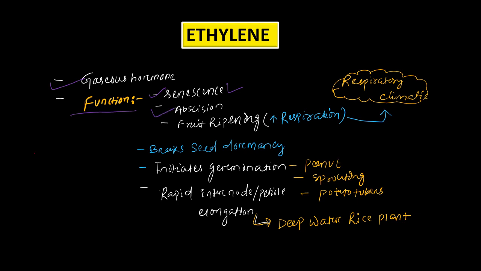So what is abscission? Abscission means the natural detachment of parts of a plant, typically dead leaves and ripe fruits. This natural detachment from the plant is known as abscission.